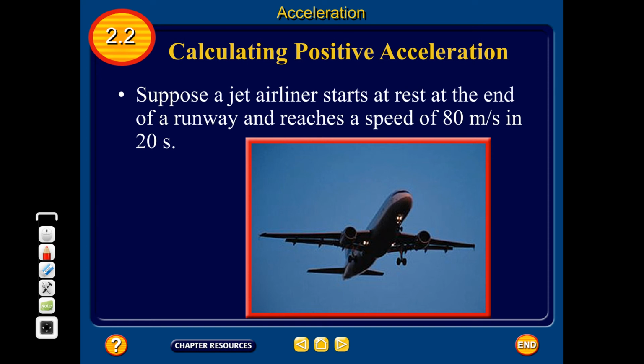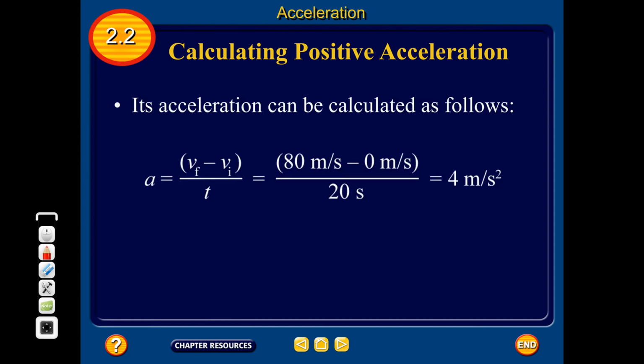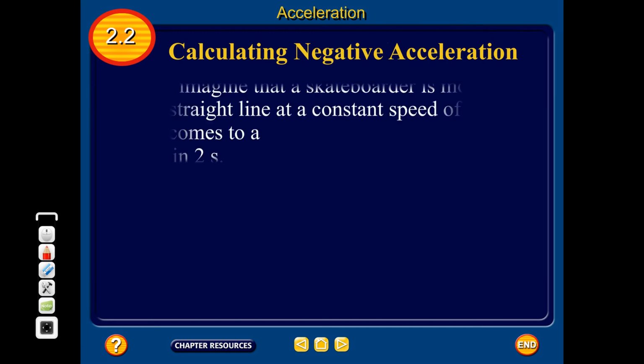An airliner starts at rest at the end of the runway, and it reaches a speed of 80 meters per second in 20 seconds. Okay, so how can we calculate that? Well, the initial velocity was 0, the final velocity was 80, all right, divided by 20. 80 divided by 20 is 4 meters per second squared. So that's showing you a positive acceleration where the plane is speeding up.